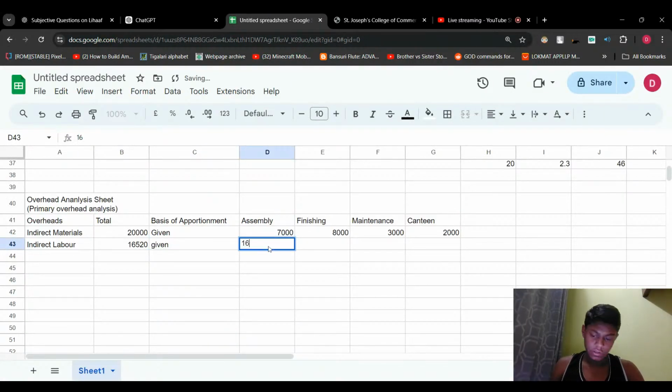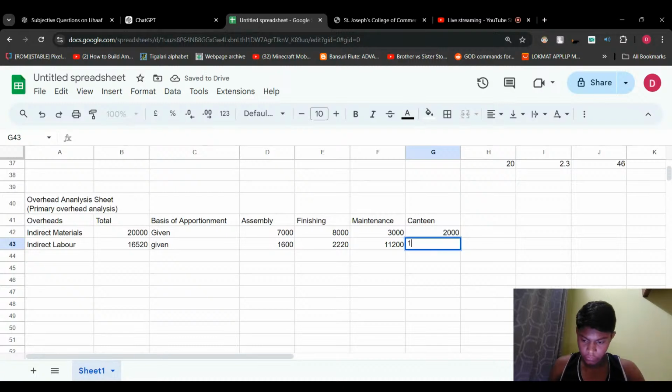Let's put the values: 1,600, 2,200, 11,200, and 1,500.